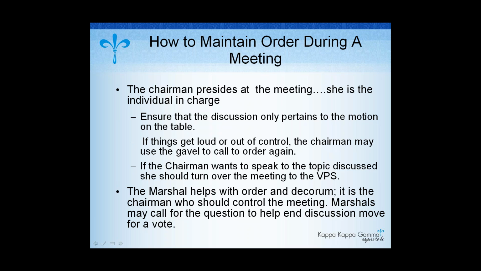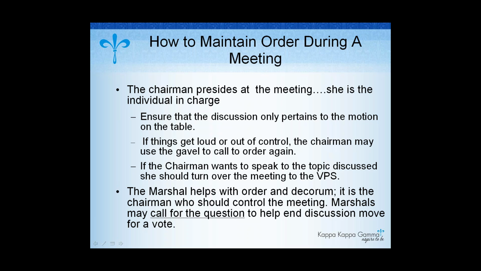This is what we're going to talk about right now. If things get loud or out of control, the chairman can use the gavel to call the meeting to order, or the chairman can just stop talking, because it's the chairman who has the control of the meeting. If the chairman wants to speak to any topics, she needs to turn it over to the VPS, the Vice President of Standards.